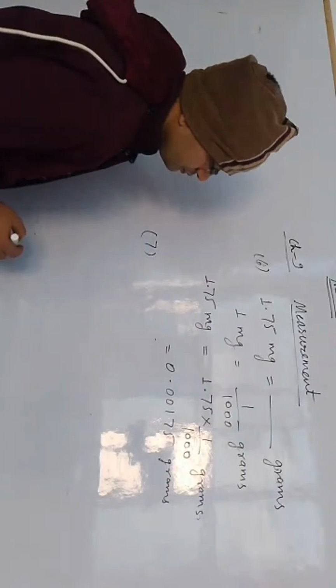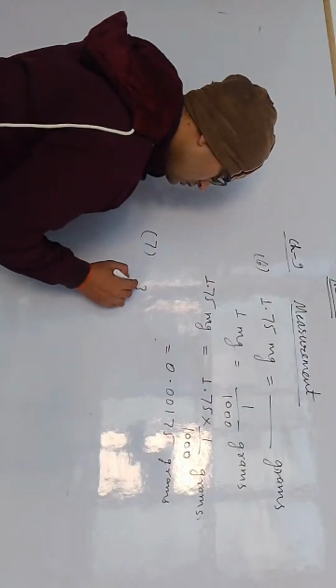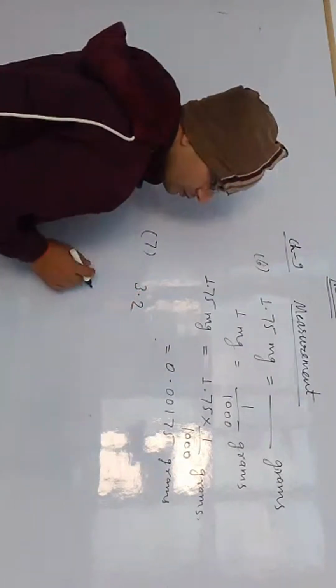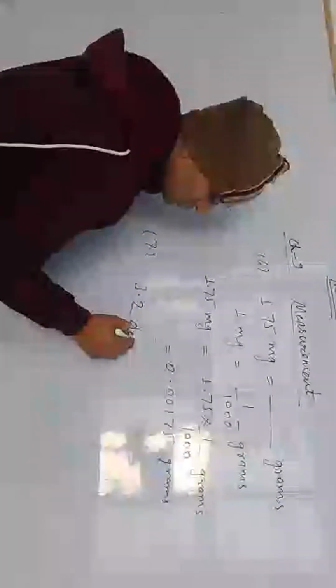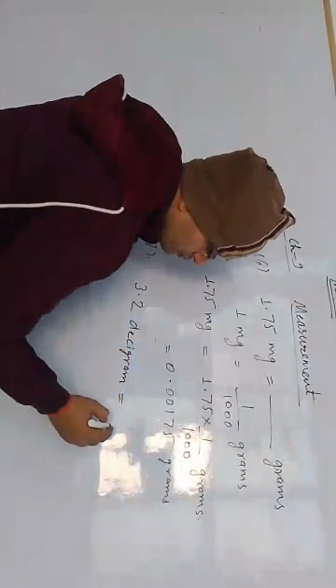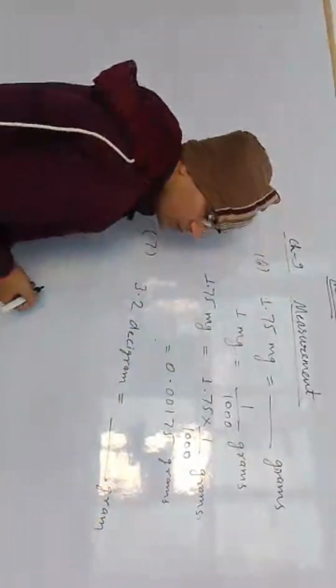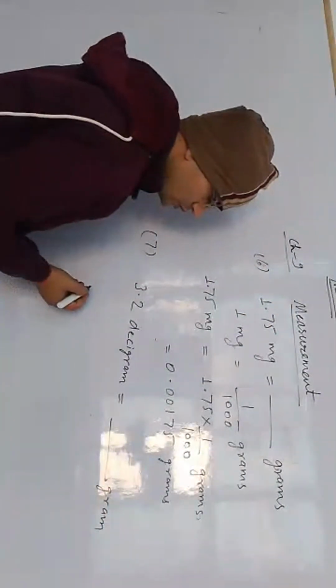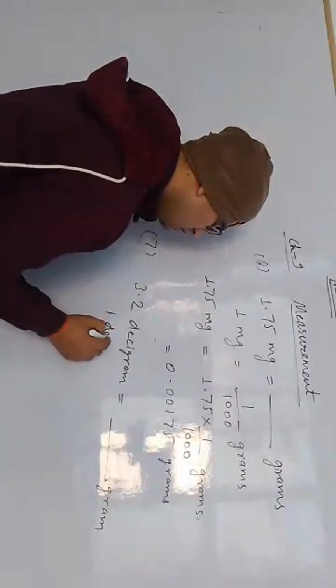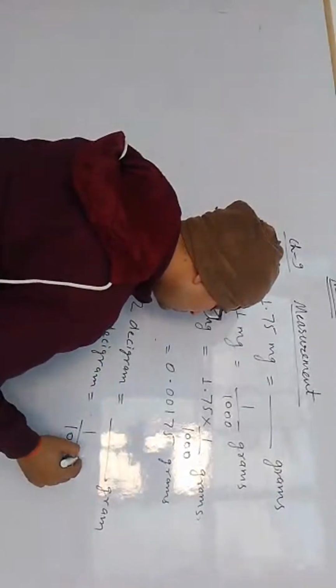Question number 7. 3.2 decigram is equal to how much gram? 3.2 decigram is equal to how much gram? 1 decigram is equal to 1/10 gram.